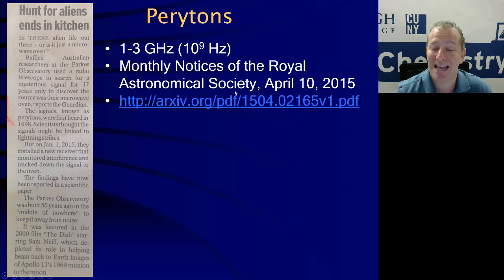Now, there are still other observatories that have observed the signal, and a couple of times at the Parkes Observatory even, where they recognized the signal without anybody using the microwave, as far as they know. So they're still looking for perytons, a 10 to the 9th hertz signal that is unexplained, both from microwave ovens, if you rip the door open without turning it off, or perhaps from deep space.